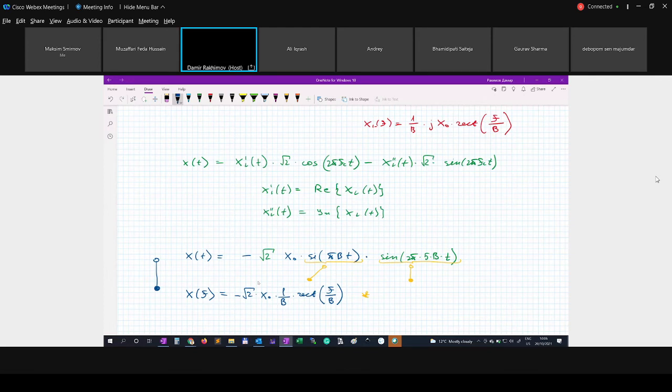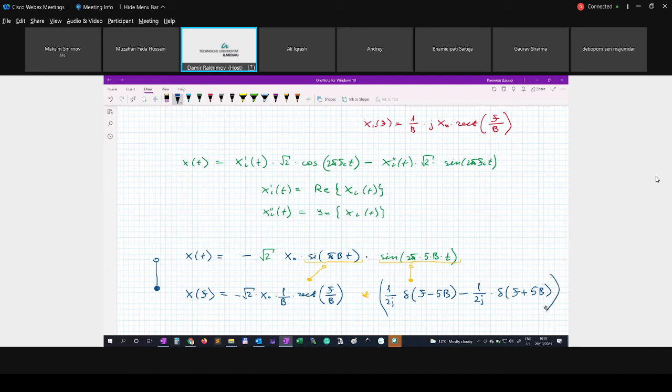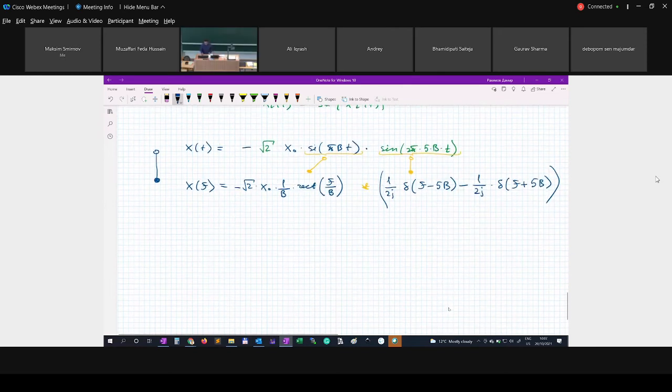I write it in this way: 1 over 2j delta pulse f minus 5 capital B, I should place parentheses, minus 1 over 2j times delta pulse f plus 5 capital B. And now we calculate the convolution between the rectangular pulse and our 2 delta pulses.